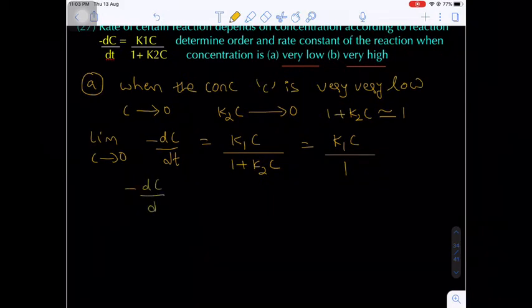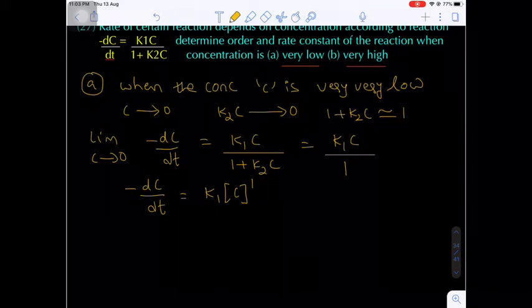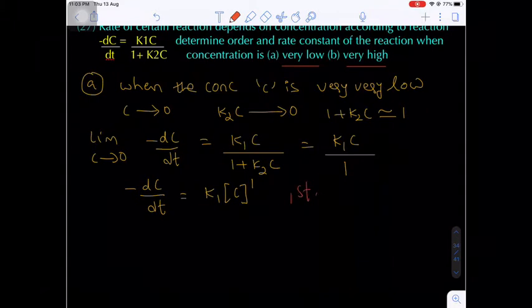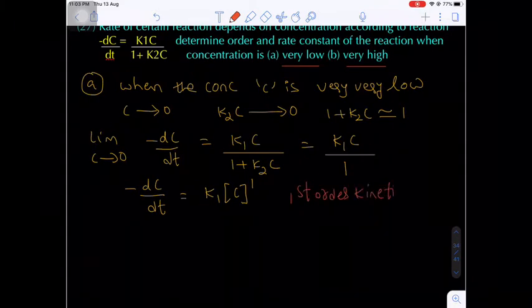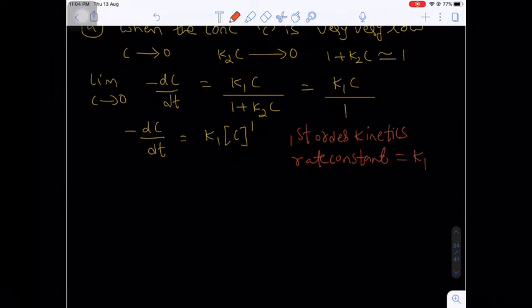That means minus dC by dt at very low concentration gives K1 into C to the power 1. So what is the exponent in the concentration term? 1. That means this reaction corresponds to first order kinetics. What is the order of the reaction? First order kinetics. Now what is the rate constant here? The rate constant for the first order kinetics here is equal to K1.